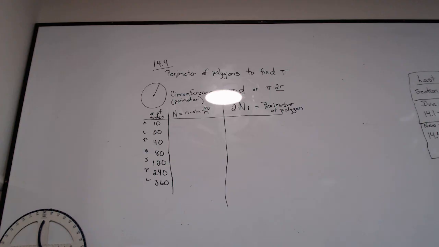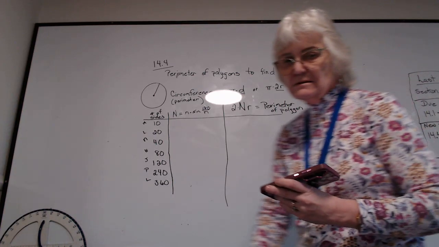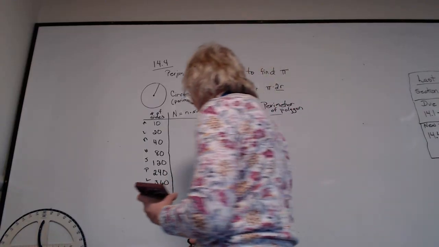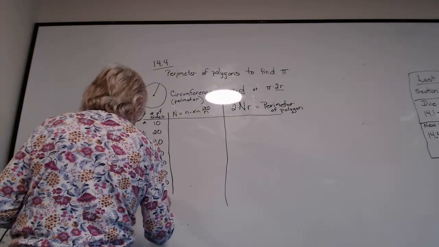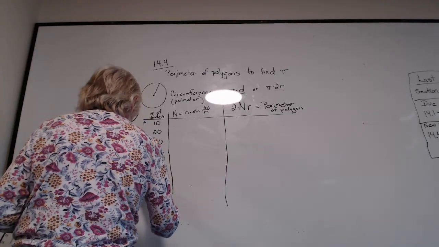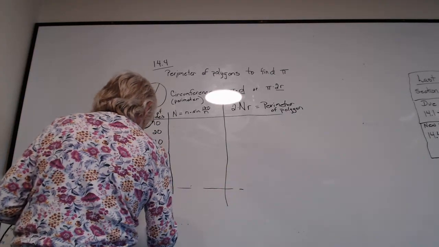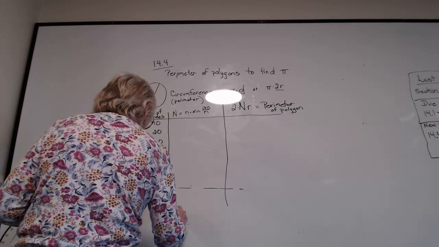And then you put that in. I got 3.1407852, and then you'll get that answer. 6.276 is what I got for the perimeter. Let's see what pi equals here. Pi equals 3.1415559.